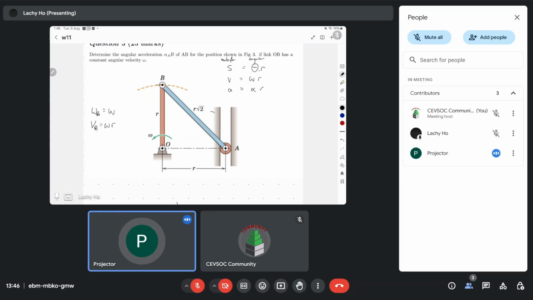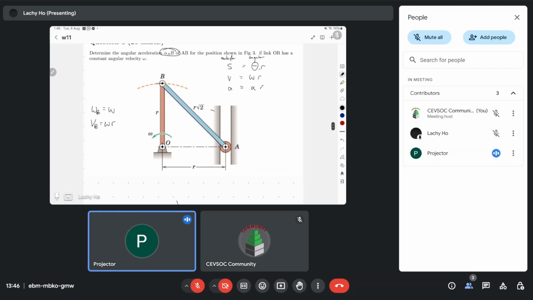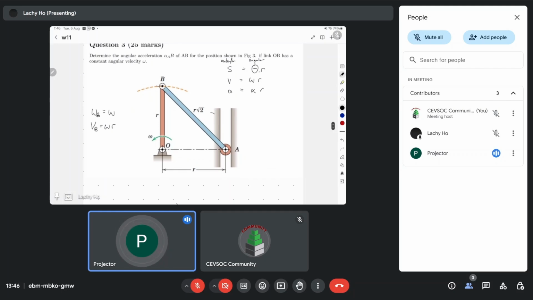And we want to find the velocity of A, because the angular acceleration of A is what we need to find in the end. But we need to find the velocity of A itself first.